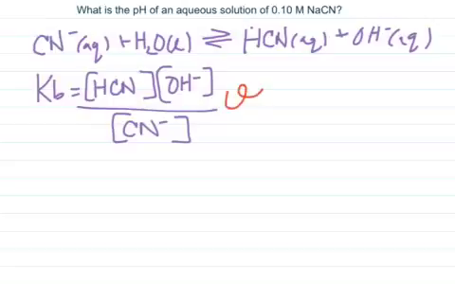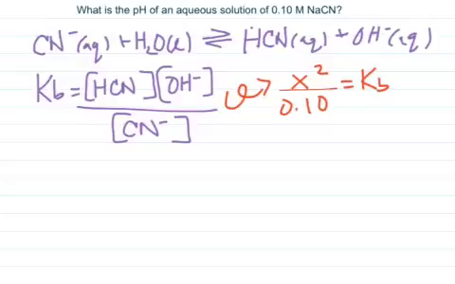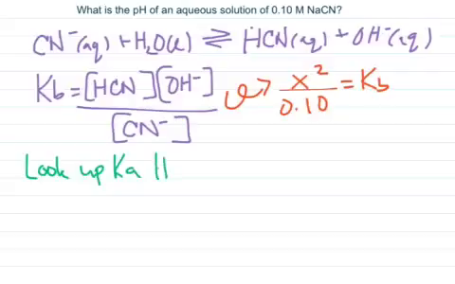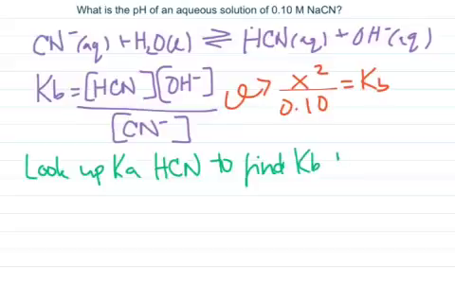Now we know, because it is a weak base, that we get x squared all over 0.10 is going to equal the Kb. Well, we have a slight problem. We were only given the 0.1 molar of NaCN. Well, can we maybe use Ka of HCN to find the Kb? Yes, we can. So I'm going to look up the Ka of HCN to find the Kb of CN-.